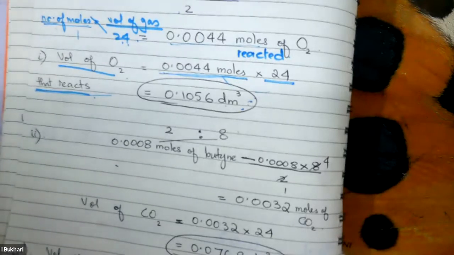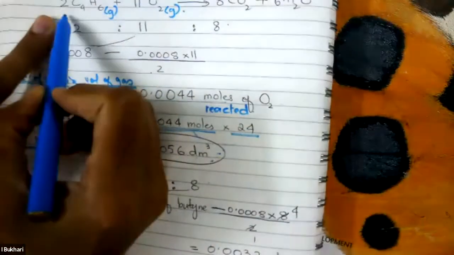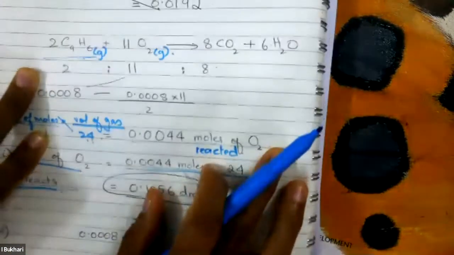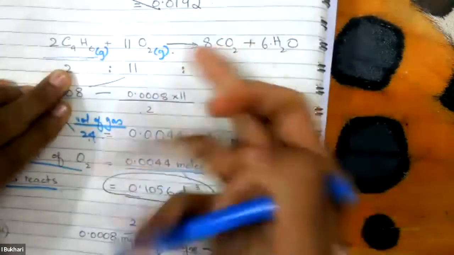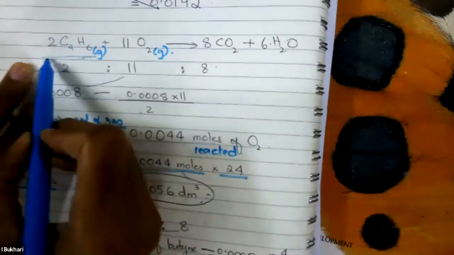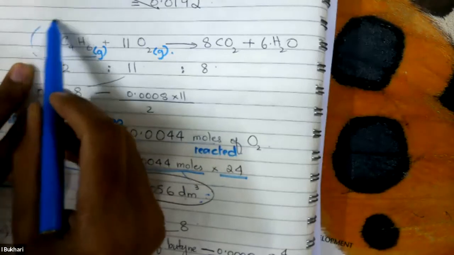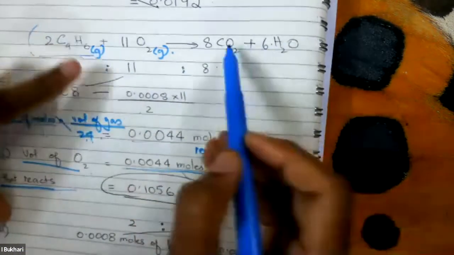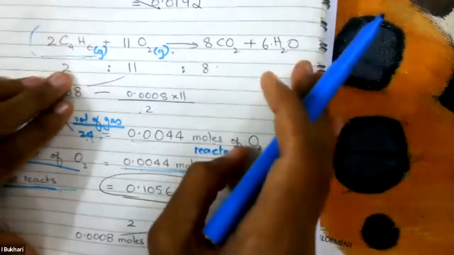If you have the equation, you find out the number of moles of the other reactant. If we did not know whether oxygen was in excess, we would find out the number of moles of this reactant, or even the products, whatever is available in the question.